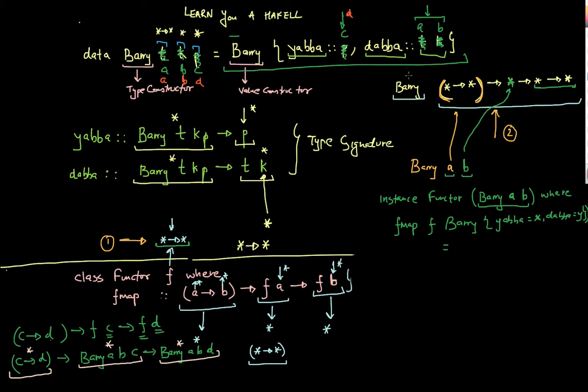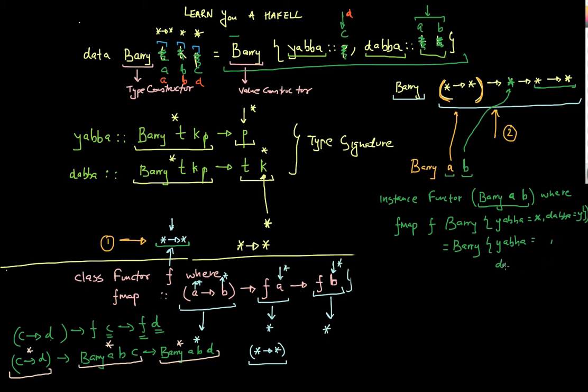What I know is that the second component Daba is going to be as it is. Daba isn't going to change. So I'm going to have Barry followed by Yaba, which we'll complete a little later, and let's have Daba.